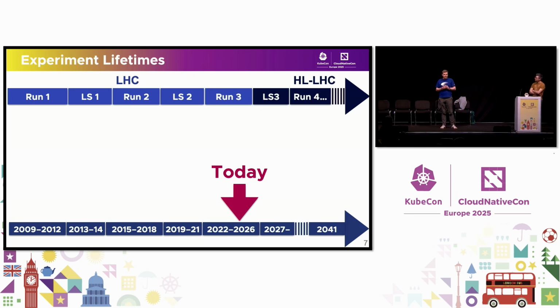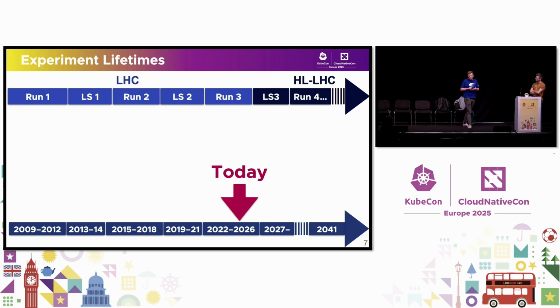analyzing these data, we run into the issue that, to some extent, the experiments are pretty expensive, and also the accelerator part. So we have very long-running experiments. And I think by now, the LHC and the other experiments at the LHC are among the most long-running experiments in the world.